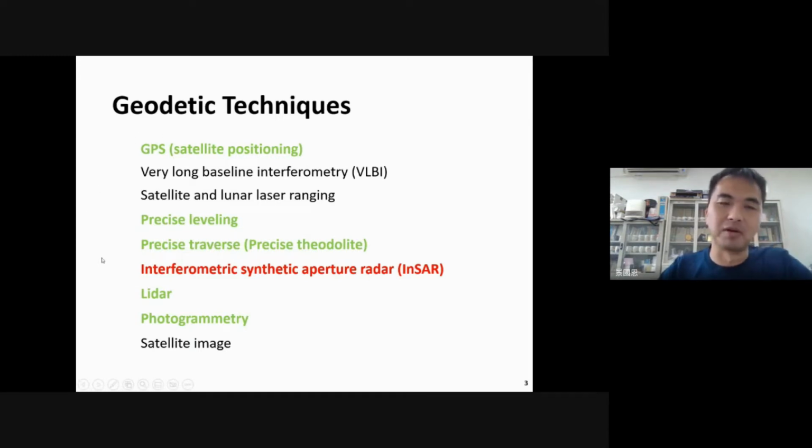And because the spatial resolution in those areas is not good enough, I mean, because the number of GNSS sites is not large enough. So in this case, we usually need to use InSAR to help us increase the spatial resolution of the surface deformation.